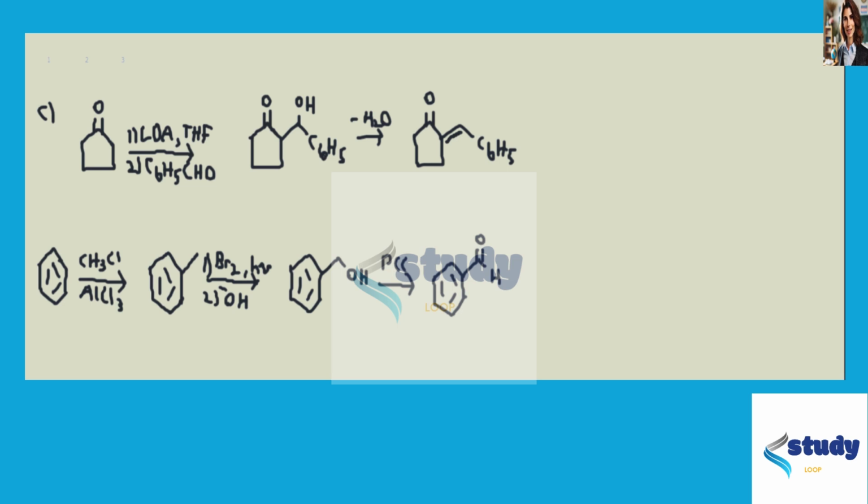And so after that, all that we need to do is reduce this. So we'll do a hydrogenation. So again, excess hydrogen gas and palladium catalyst. Gets us to our final product for part C.